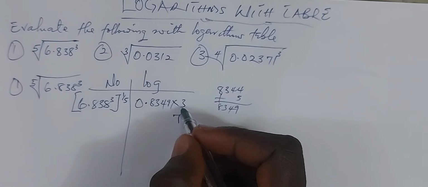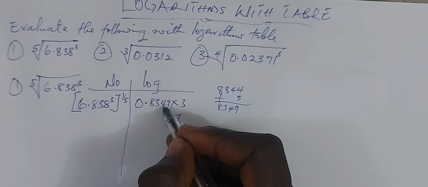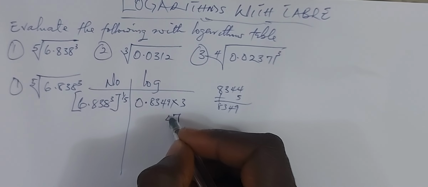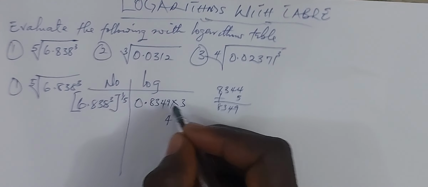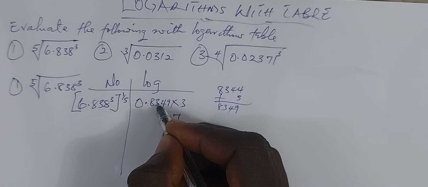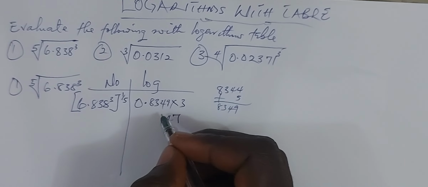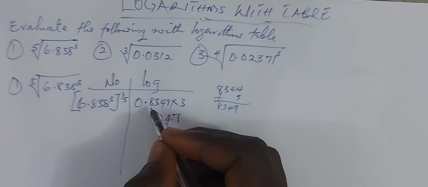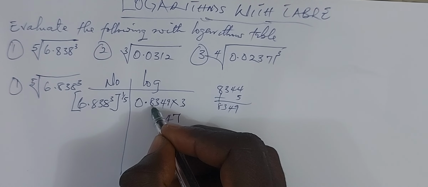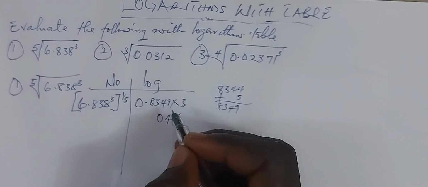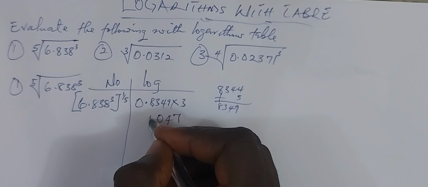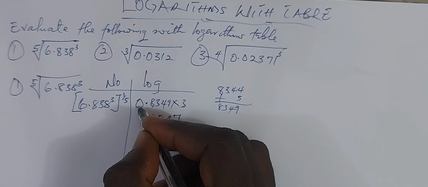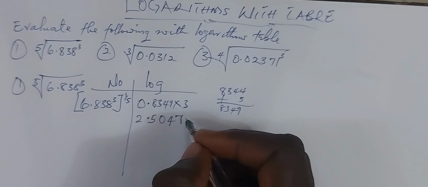Write 7 carry 2. 3 times 4, we have 12 plus 2, that is 14, carry 1. 3 times 3, we have 9 plus 1, that is 10, write 0, carry 1. 3 times 8, we have 24 plus the one we carry, 25, carry 2. 3 times 0 is 0 plus the 2 we carry, we have 2.